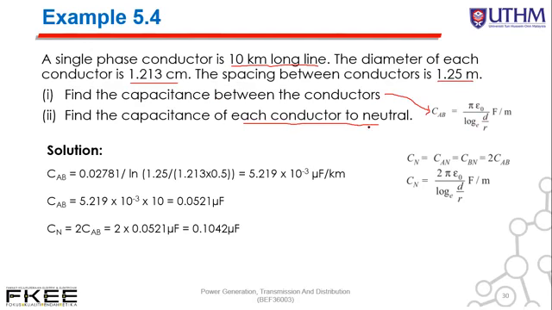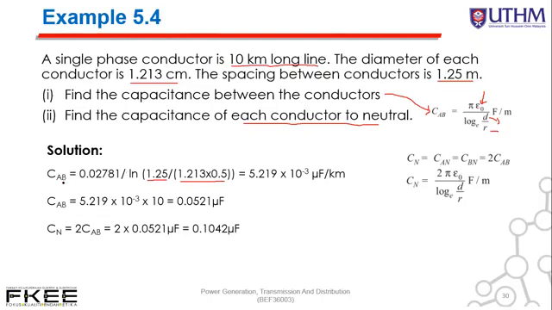You just replace the value of epsilon naught, the permittivity of air. D is the distance, which is 1.25, the conductor spacing, and the radius is 1.213 divided by 2.